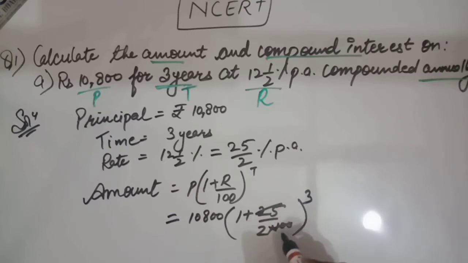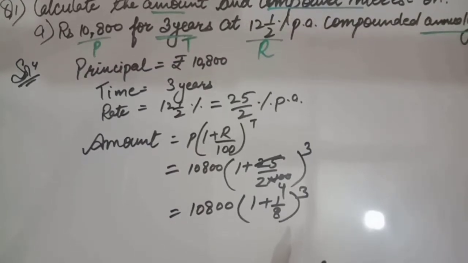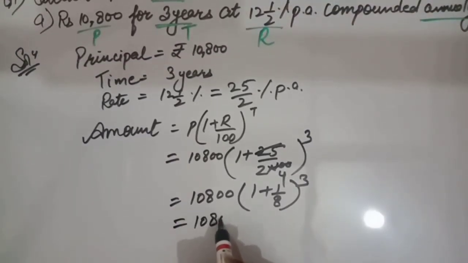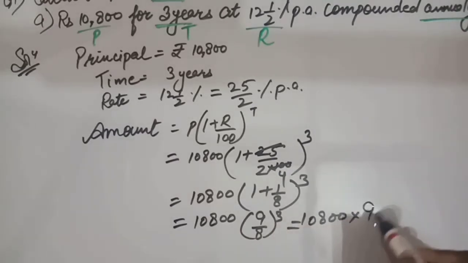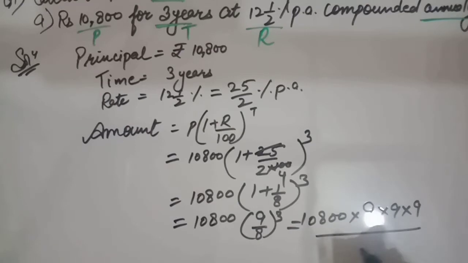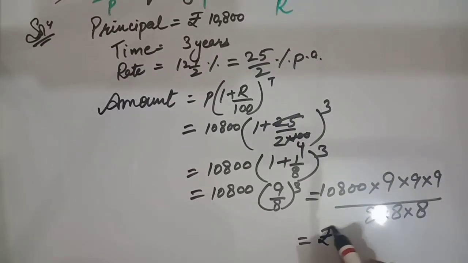Right? This is 10,800, 1 plus 1 by 8 to the power 3. Right? 10,800, 9 upon 8 to the power 3, that is 15,377.34.